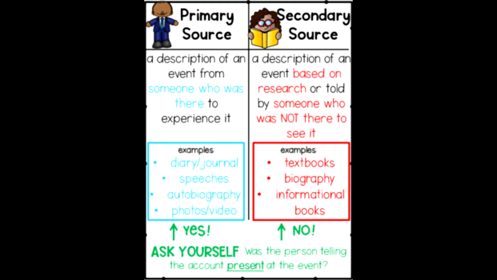Secondary sources are a description of an event based on research or told by someone who was not there to see it. Some examples of primary sources are diaries, journals, speeches, autobiographies, or even photos or videos. However, secondary sources are textbooks, biographies, informational books, and so on.